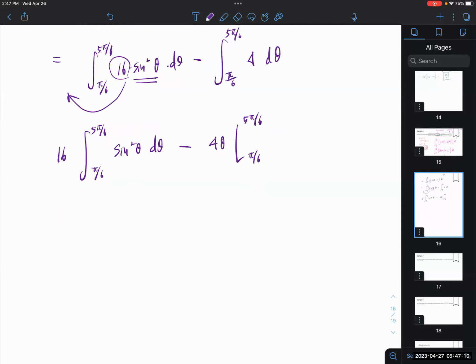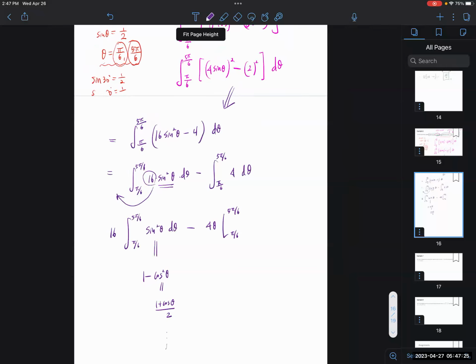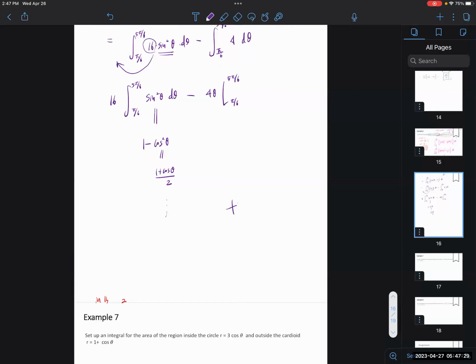Sine squared theta, as I told you, is 1 minus cosine 2 theta over 2. Convert it, and do all the integrals. I'm not going to finish because we did similar work over and over again, so you can finish the rest.